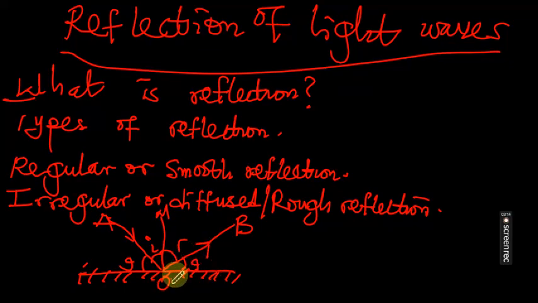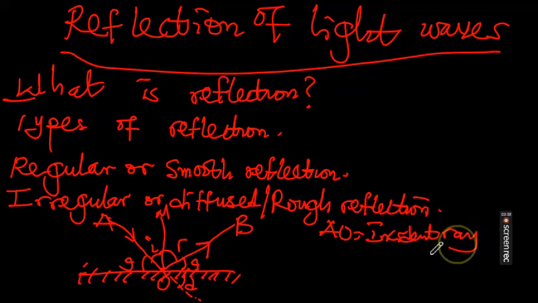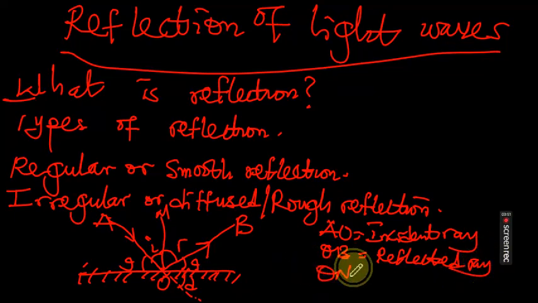Then we have deviation of light rays. If the light ray is deviated, then you can have this point as the angle of deviation. So from this we can say that line AO is our incident ray, while line OB is the reflected ray, and line ON is the normal.